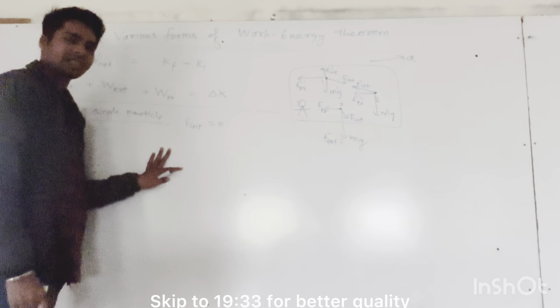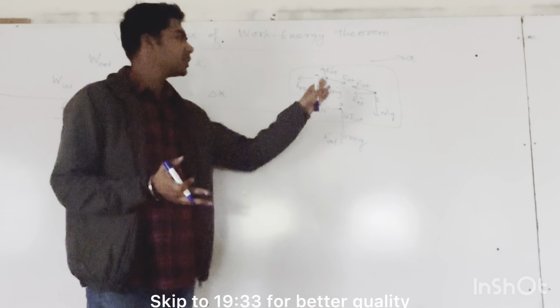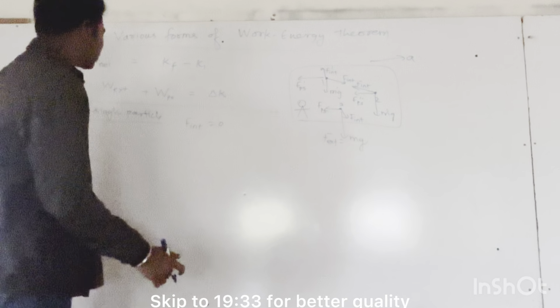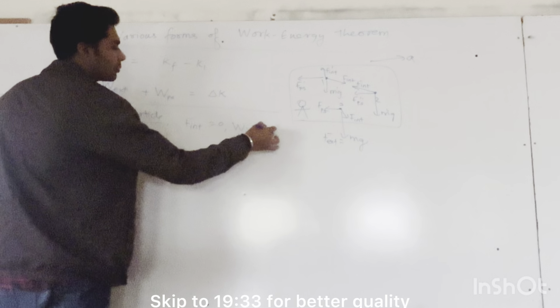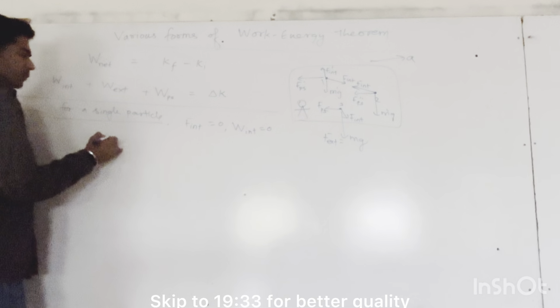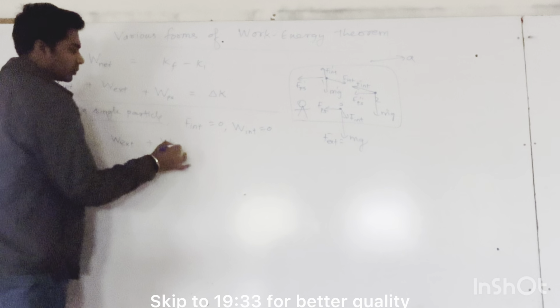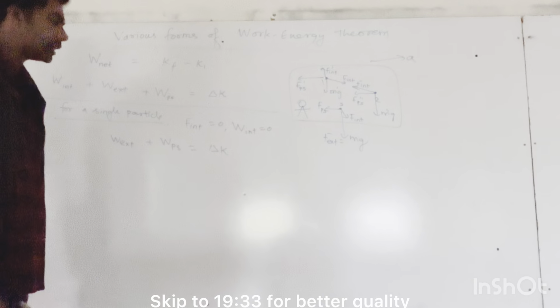And a single particle system will face external forces and pseudo forces. There will be no internal forces because there will be a single particle. So the work done by internal forces is completely out of picture. We are left with work done by external forces plus work done by pseudo forces. This is equal to change in kinetic energy, right?